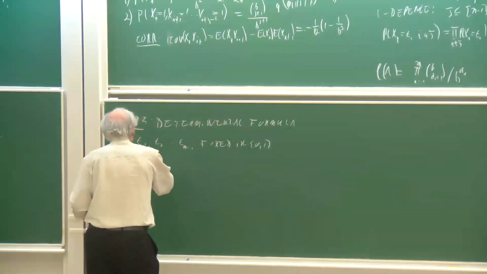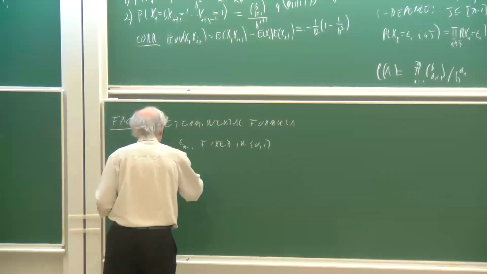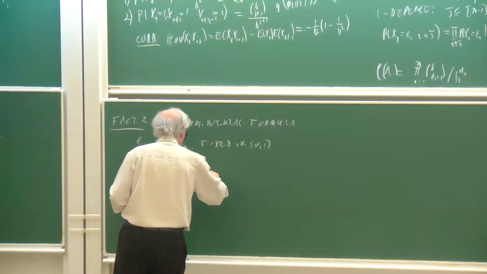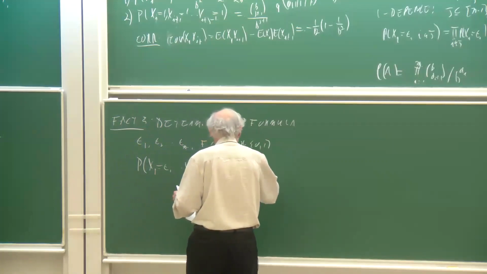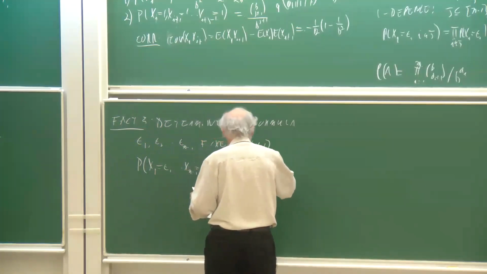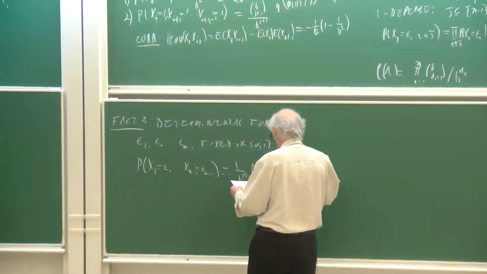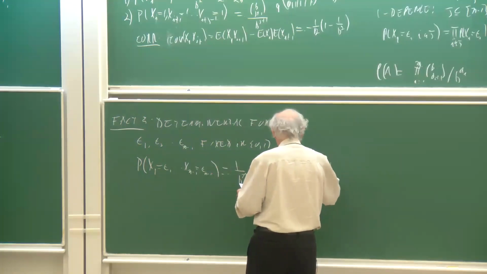Then the exact distribution, x1 is equal to epsilon 1, up to xn minus 1 is equal to epsilon n minus 1, is equal to, well, 1 over b to the n times the determinant you have to get used to looking at, with entries (s_j plus 1 minus s_i plus b minus 1) choose (b minus 1).